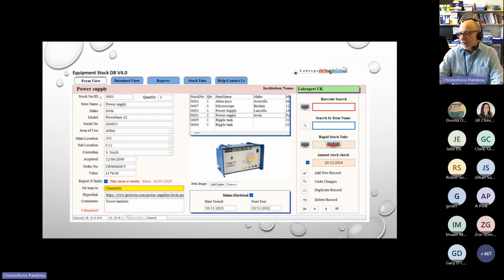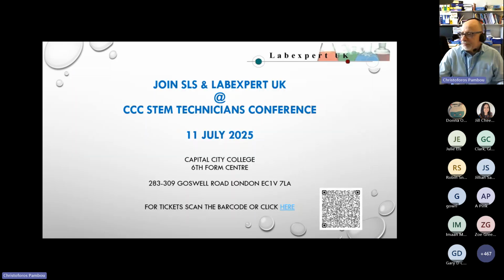I don't want to spend a lot of time advertising. There is one for equipment also. Again, as important as chemicals is keeping track of all equipment, with an inventory system. So that's also available.